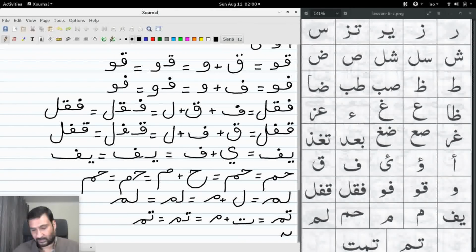I'm trying to mimic what's written, like so, ta mim ta, which can simply be written as ta mim ta, which is a combination of ta and mim and ta again.